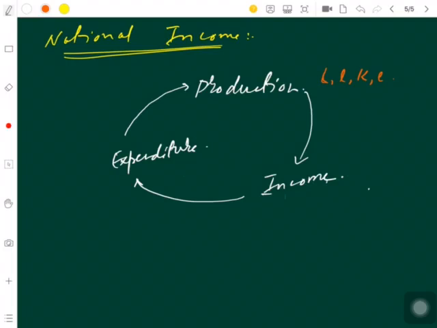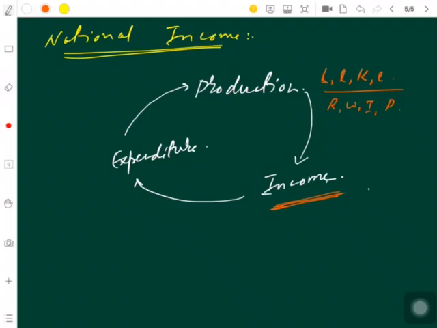So these factors of production will be paid with factor payments: land as rent, labor as wages, capital with interest and entrepreneurship with profit. So it generated an income.